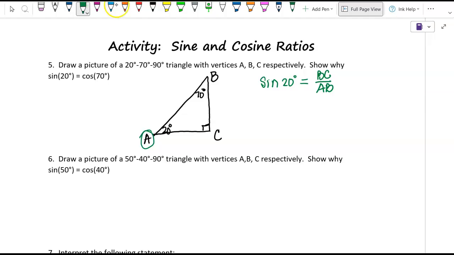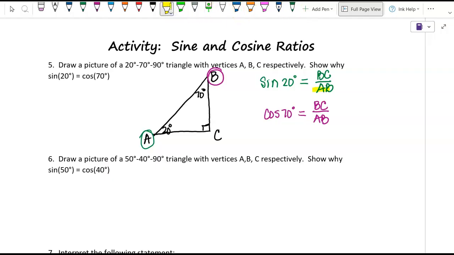Now they say, well, what about the cosine of 70? Now all of a sudden my reference angle changes to the other side of the triangle, and cosine is adjacent over hypotenuse. Well, adjacent to angle B is side BC, and the hypotenuse is AB.